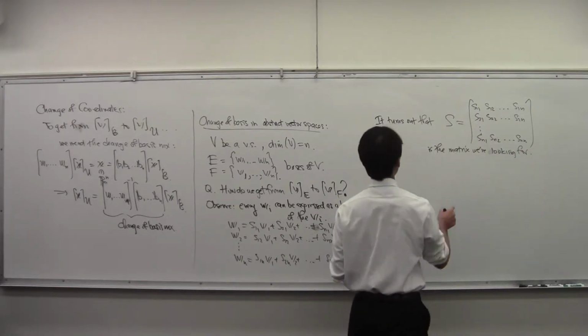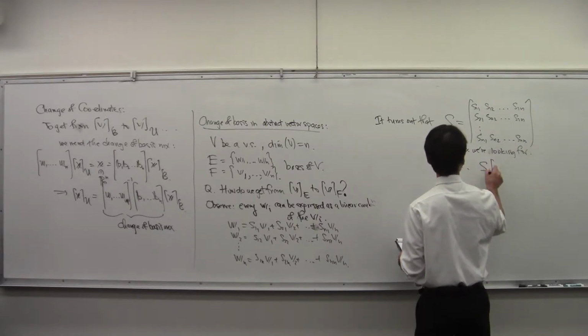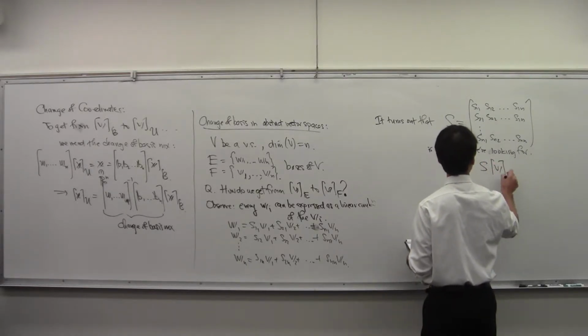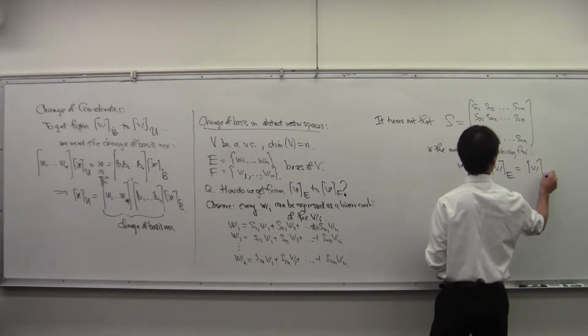This matrix will take coordinate vectors with respect to E and change them into coordinate vectors with respect to F.